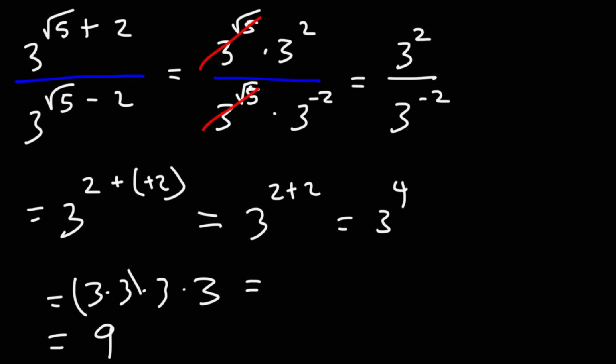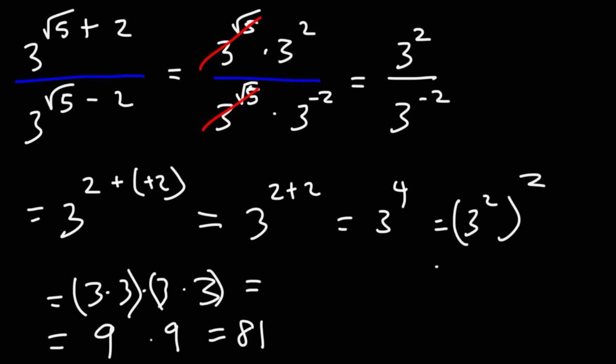These two 3's equal 9, and the other two 3's equal 9, which is 81. We could also write it as 3 squared raised to the second power, because 2 times 2 is 4. 3 squared is 9, 9 squared is 81. So that's the answer for that one.